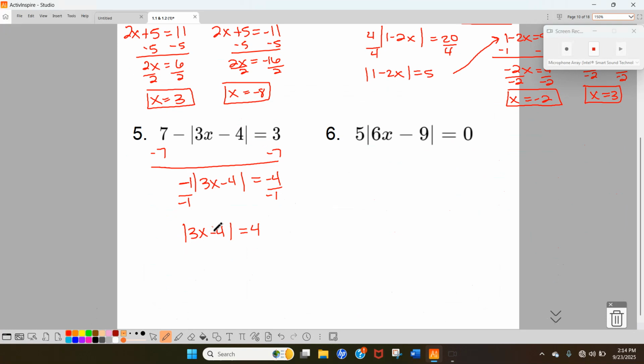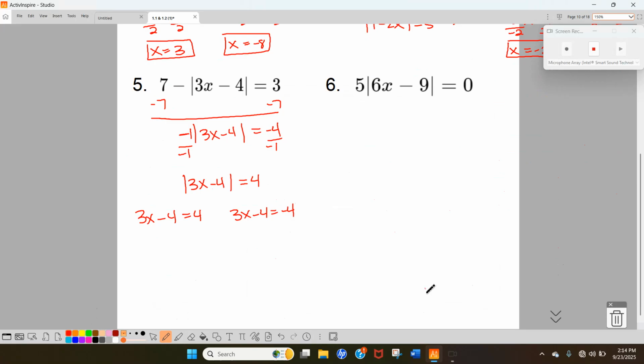And then we can make two problems out of it. There's no undo for absolute value. To get rid of the bars, we make two problems and account for both options.